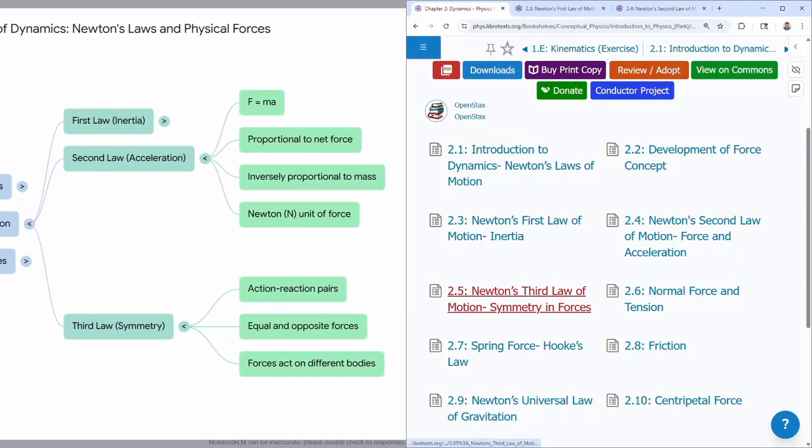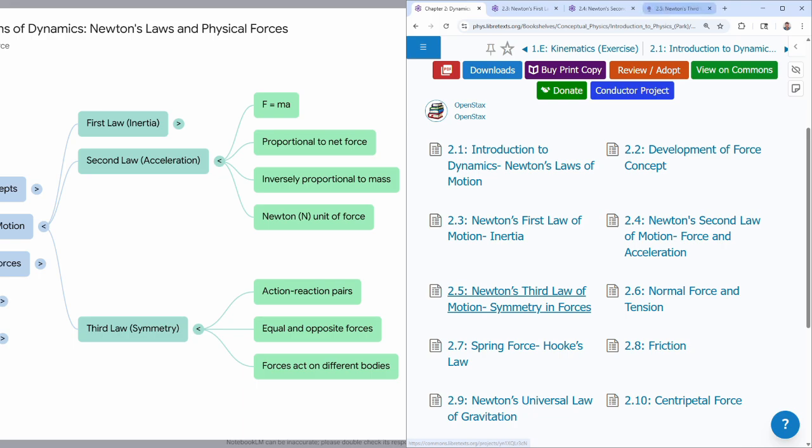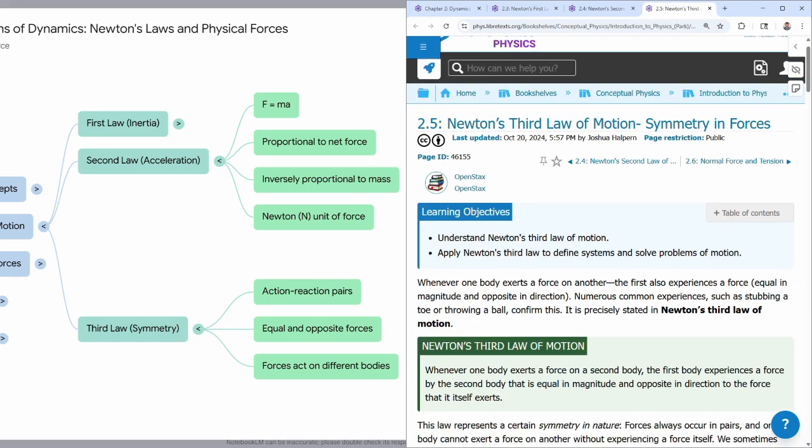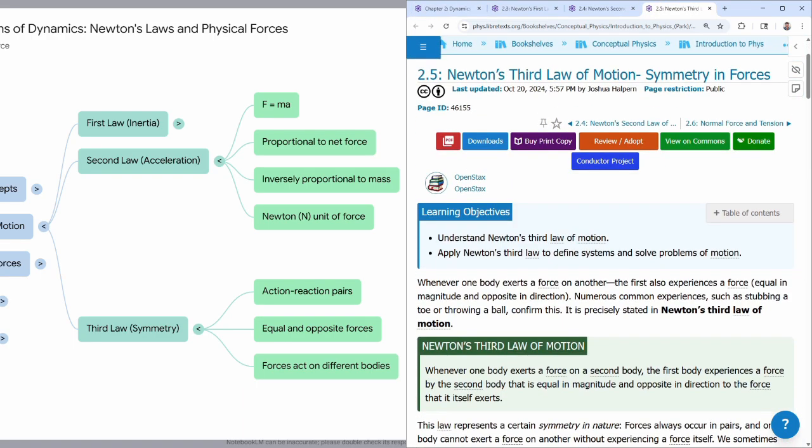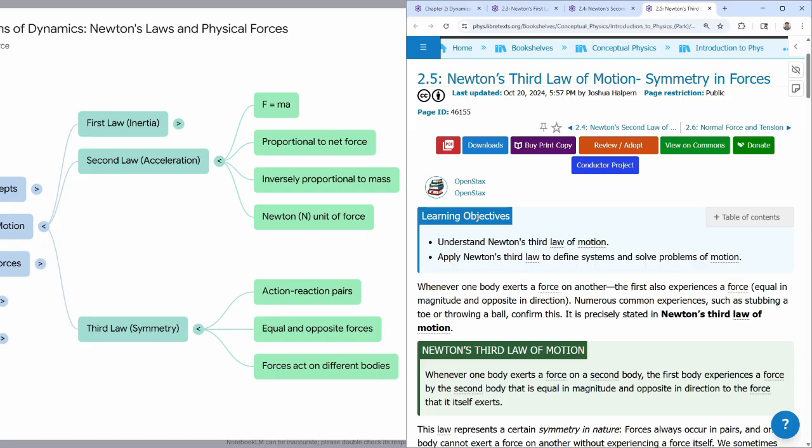It's the most misunderstood, maybe most often misapplied, of Newton's laws of motion. Your textbook calls it symmetry in forces. I like to call it the law of interaction, because that's when you pay closer attention to Newton's third law: when you are explicitly describing interaction in your system.